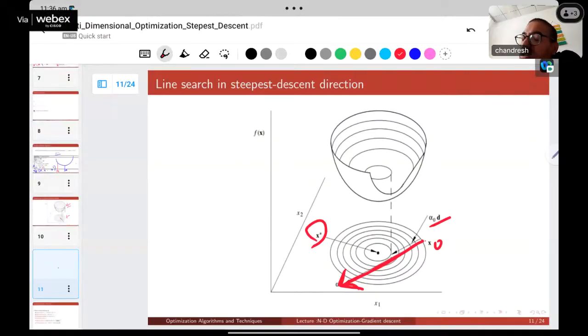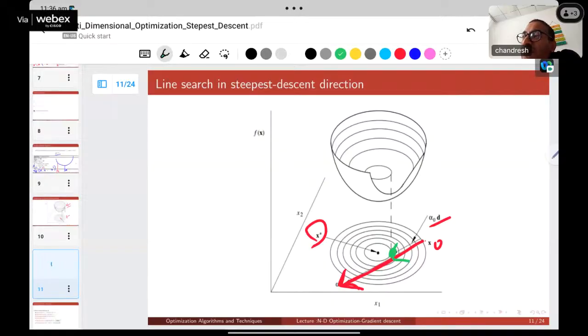If I choose a proper magnitude, I will stop here only, because my vector length would be small. My step size is small, so my new, updated value of x will be this one, which is close to the minimum. Everybody see that? I will be very close to the minimum if I choose alpha small enough, not really small, but good small.